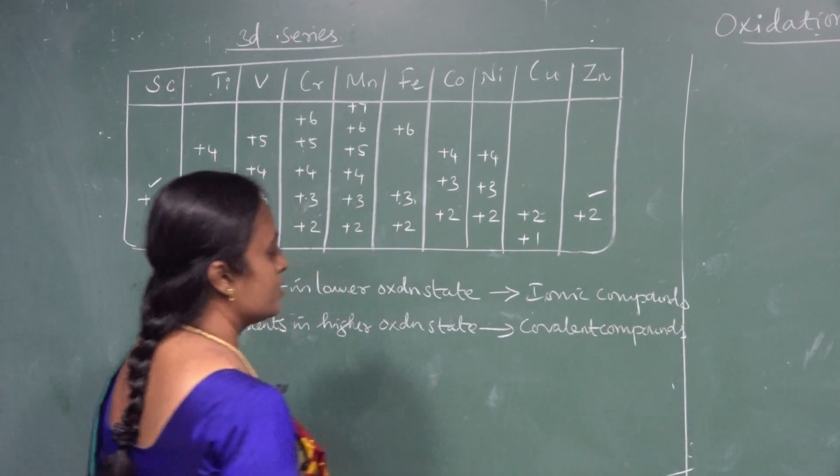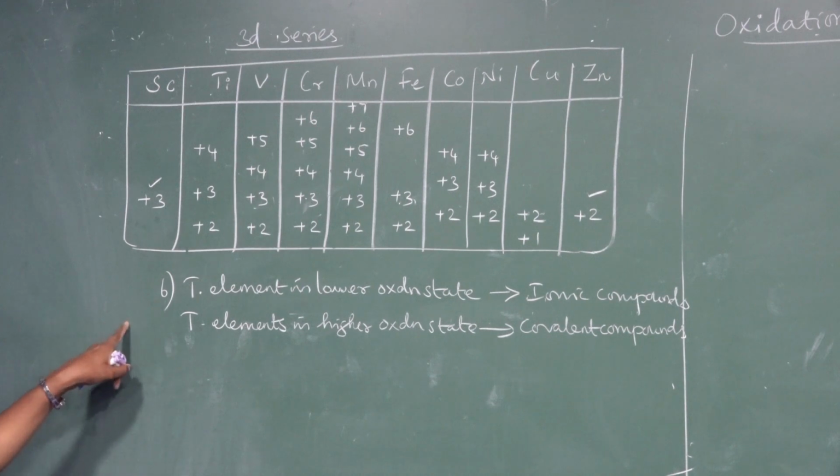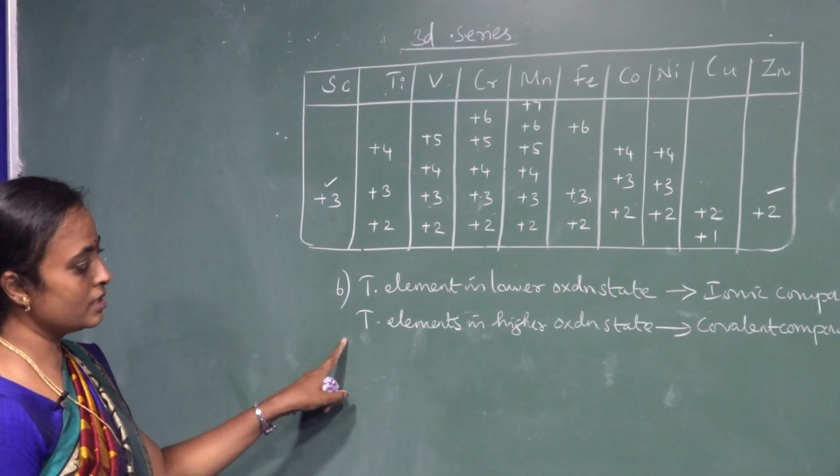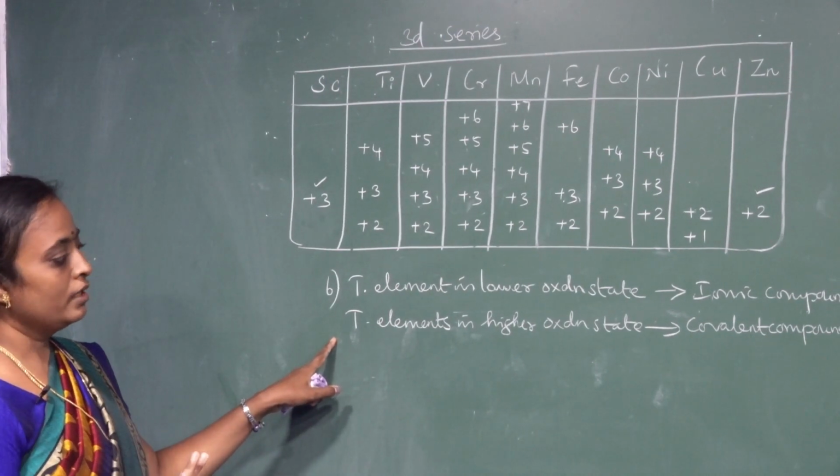Okay, these are the 2 points you have to remember. Lower oxidation state forms only ionic compounds, whereas higher oxidation state forms covalent compounds.